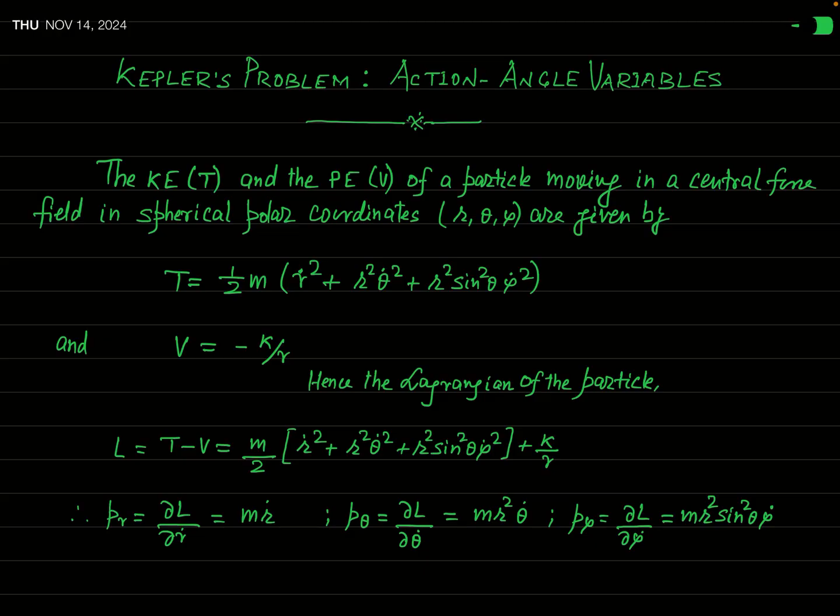The third law is known as the law of period, which defines the time period or the frequency of the periodic motion of a planet. According to Kepler's third law, the time period of any planet is proportional to the 3/2 power of the semi-major axis of the elliptical orbit.